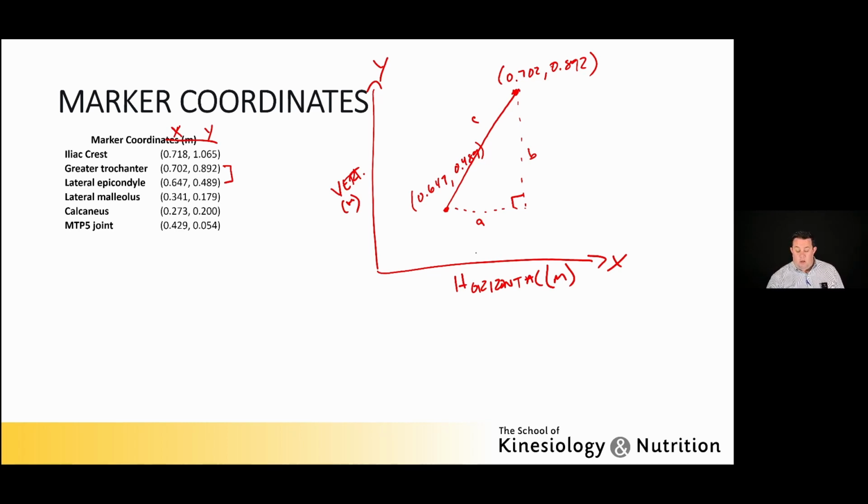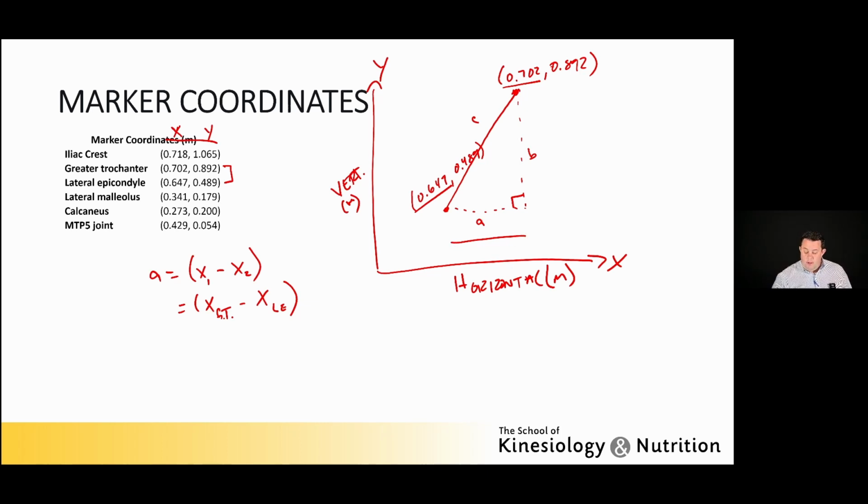So A is going to be equal to x1 minus x2. Or, in other words, x of the greater trochanter, GT, minus x of the lateral epicondyle, right? And if we subtract 0.702 from 0.647, that'll give us this length right here, the distance in between those two things.